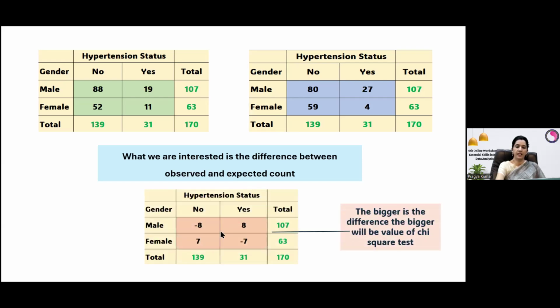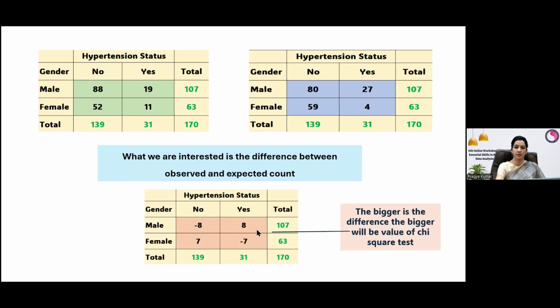So basically you calculate the difference between observed and expected. So this is -8, this is 8, this is 7, and this is -7. So the bigger the difference is, the bigger the chi-square will be. Why? Because you are squaring it. So even if it is minus, when you square it, it becomes plus. So the larger the difference, the more the value of chi-square.